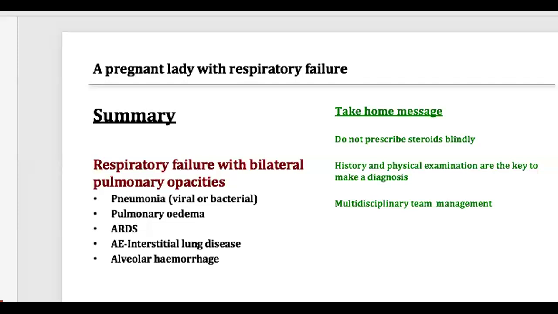So we can provide lung protective ventilation, or we can enhance respiratory support with HFNC or NIV, or conventional oxygen, and then proning. Okay, fine. Thank you very much.